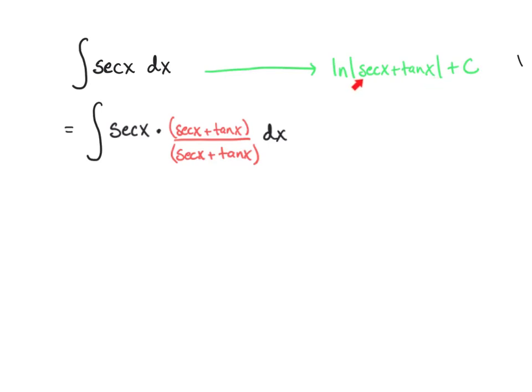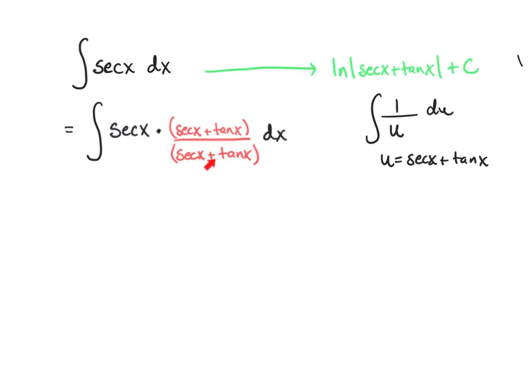So I know at some point I ended up with a 1 over u du, where the u was secant x plus tangent of x. That's the only way that I could have gotten an answer that looked like that. But the strange thing is, I don't see a secant x plus tan x anywhere in here. So I'm really just going to reverse engineer this answer, because this is not something that I would have thought of on my own, and it's not something I would expect you to think of on your own.